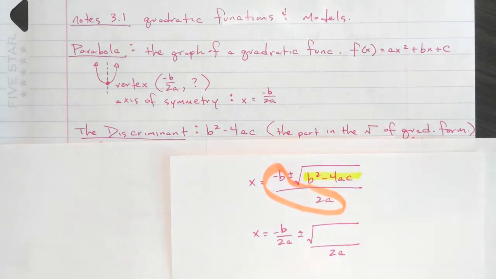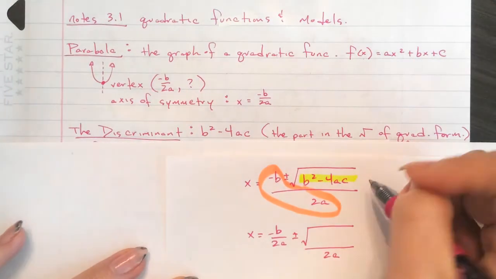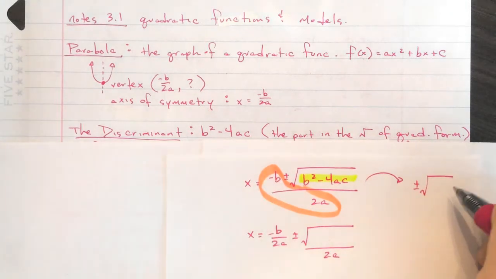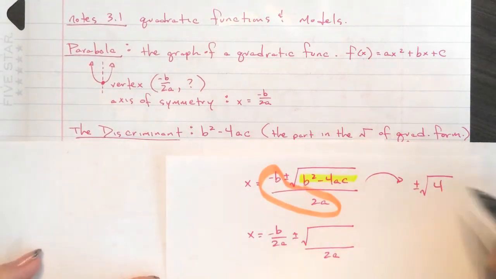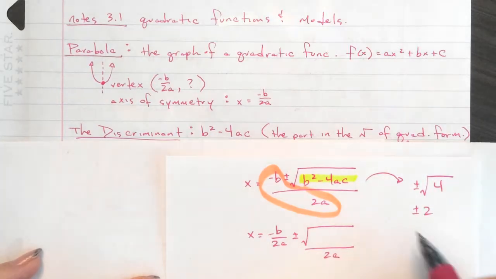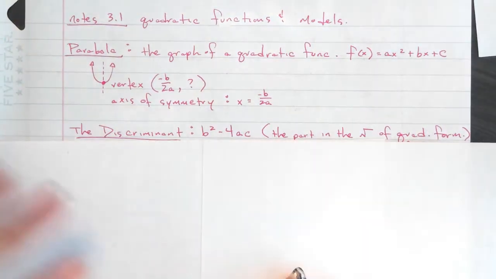Okay, if the discriminant, the highlighted part, is positive, so let's say I'm going to write the whole plus or minus radical. Let's say that's positive. So that would just be plus or minus 2, right? So you're adding and subtracting 2. Okay, 2 is a real number.